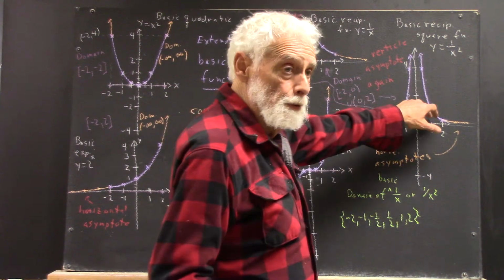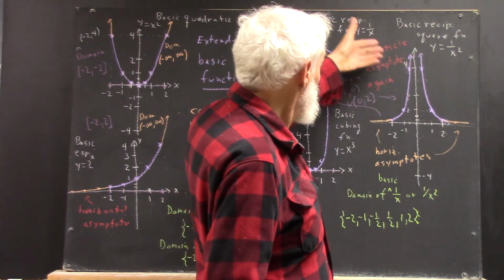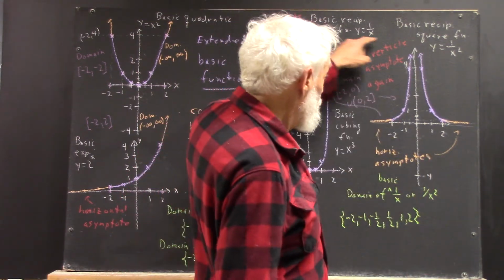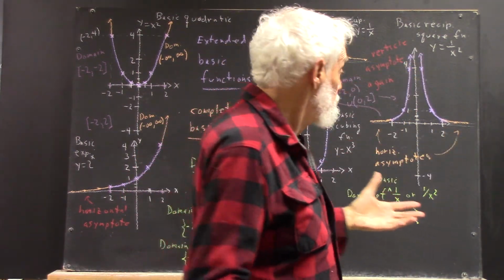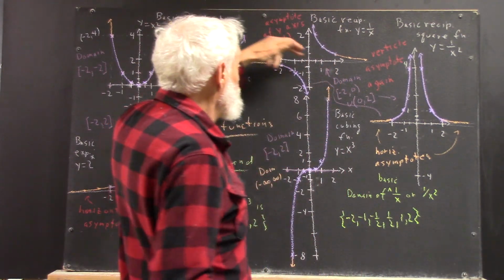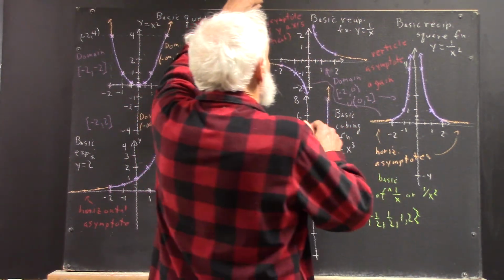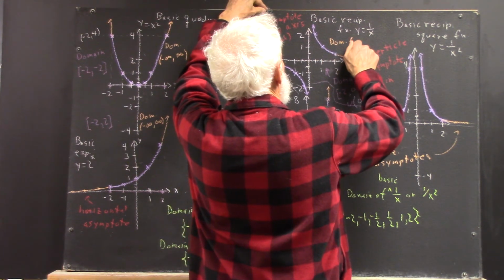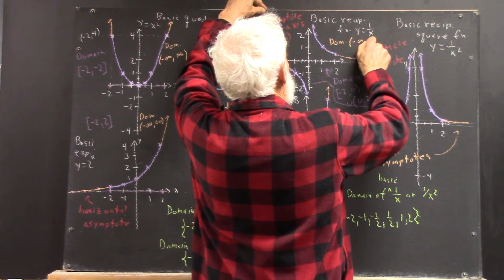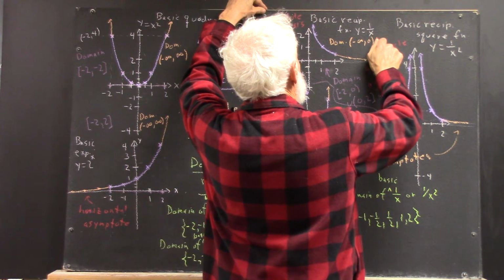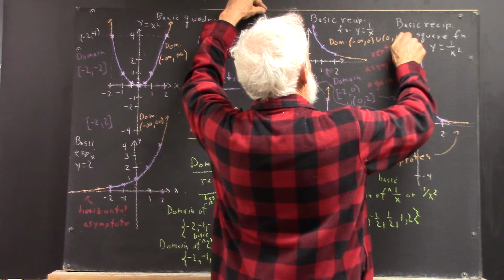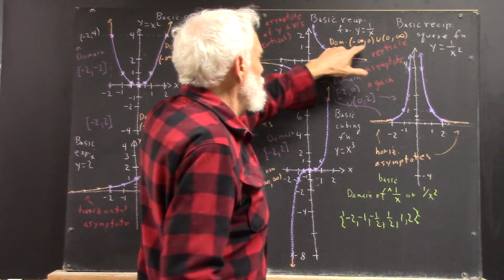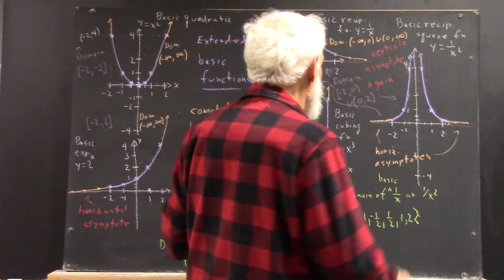For both of these functions, you can calculate the value of y for any value of x except 0, because you can't divide by 0. You can divide by any other number. So the domains of these are negative infinity to 0, union, 0 to infinity.